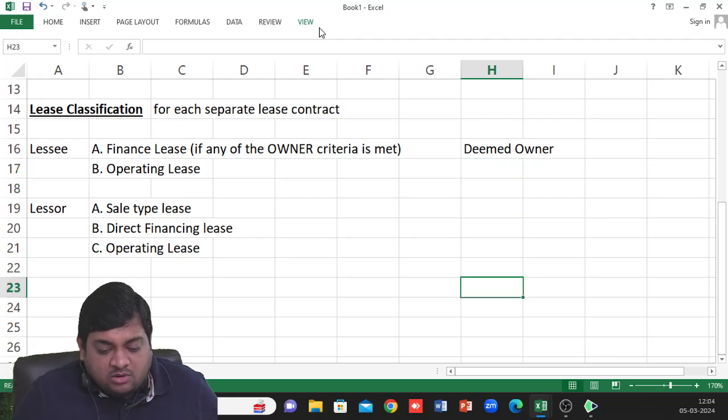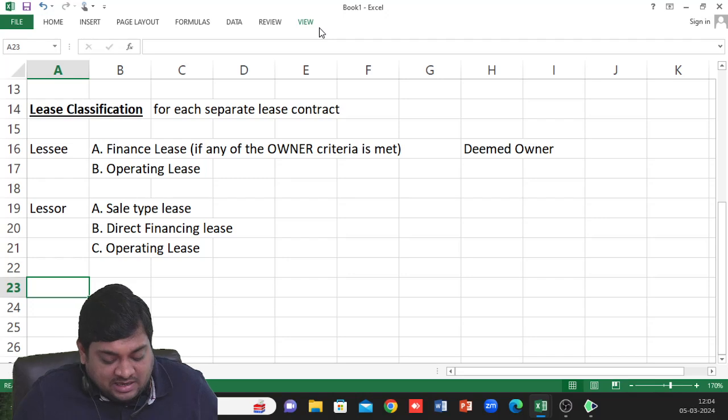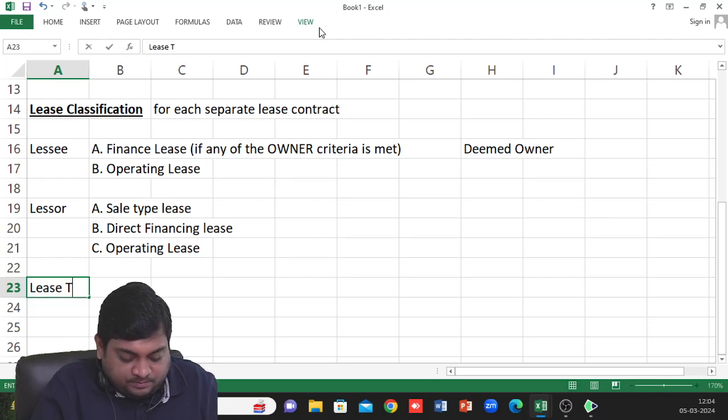Now let me talk about some more terms, and one more term is lease term. This is very simple.